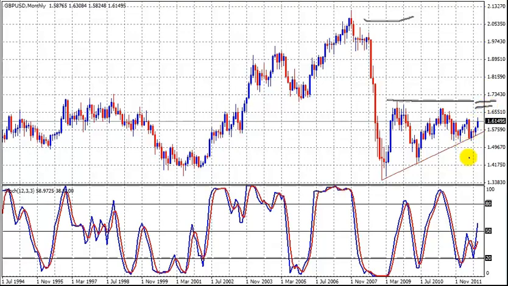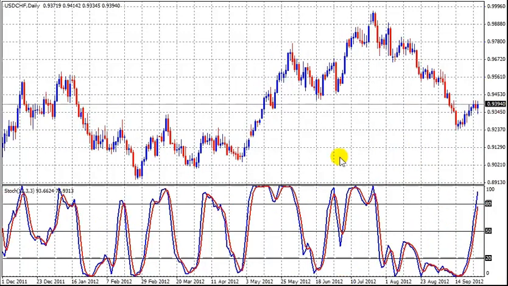We'll get up to about 165, 166, maybe even 167, and then turn around, and the next time we come back down to the support line, we'll probably blow right through it, ultimately sinking us down to about the 125, 135 area. That's of course a very long-term projection though.